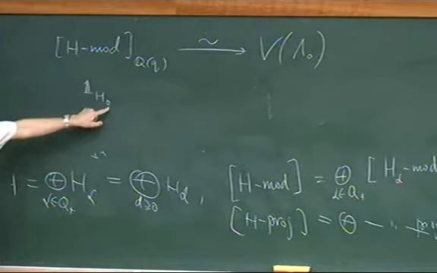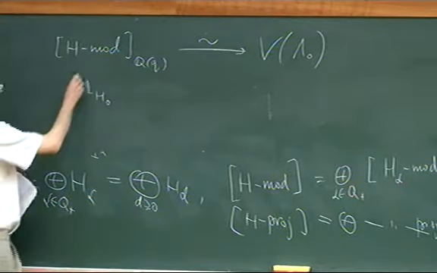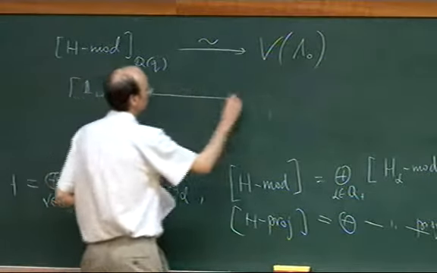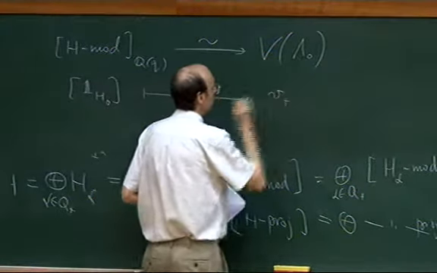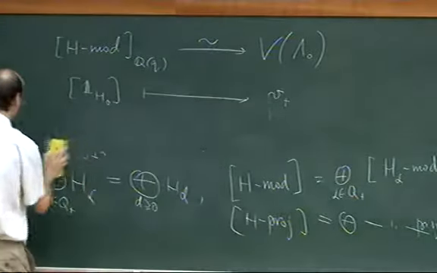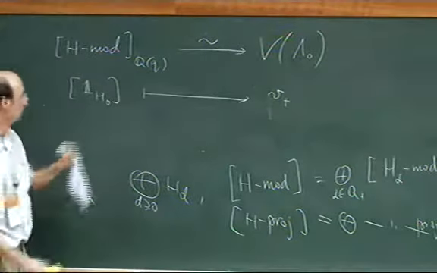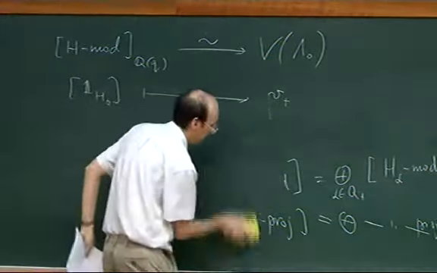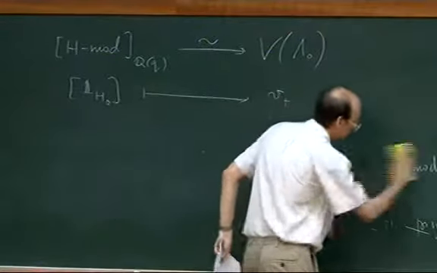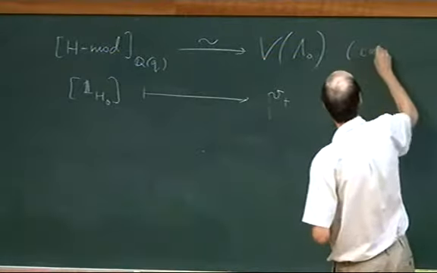Remember, I have H_α here for any α. So H_0 is a trivial algebra which is a copy of the field, and so it has only one irreducible module, which is a copy of the field. This class under this isomorphism goes to the highest weight vector V+. And then everything else is uniquely determined. So there is a unique isomorphism between this representation theoretically defined Grothendieck group and this module. I will refer to this isomorphism as the categorification isomorphism.